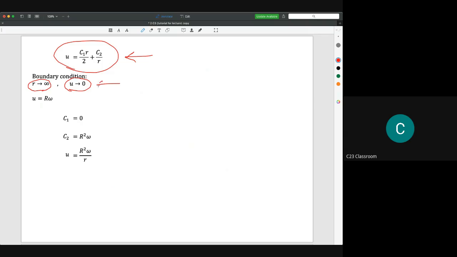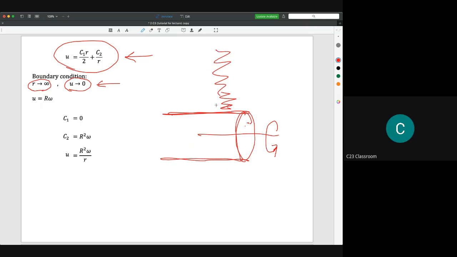This situation shows that we only have the rotation of one cylinder, so we have one cylinder rotating at a certain speed, and the liquid is borderless. If r becomes larger and larger until a limit, the velocity will not be influenced by the rotation of the cylinder, so there will be a molecule that does not rotate.